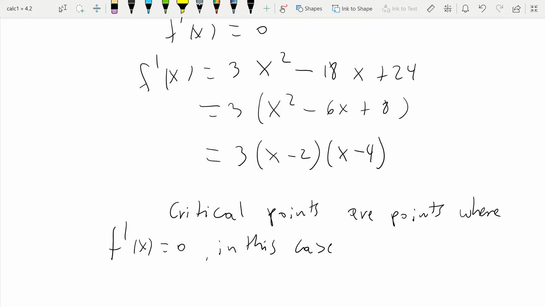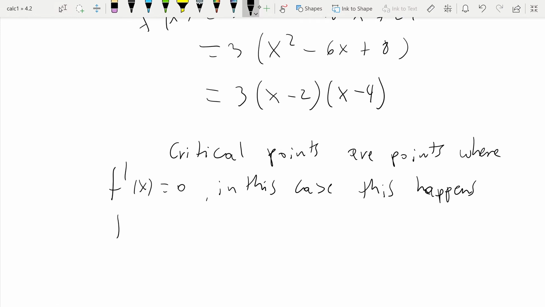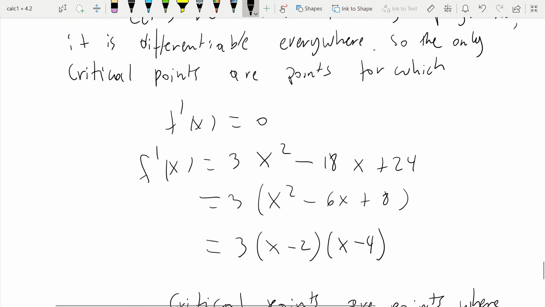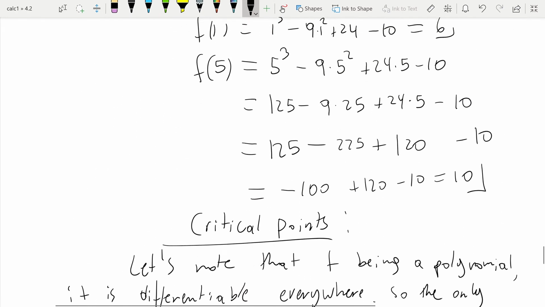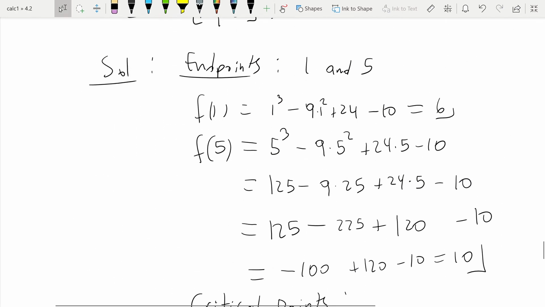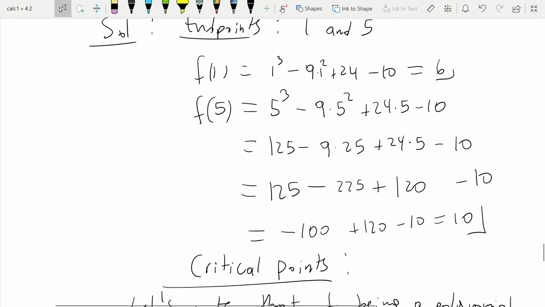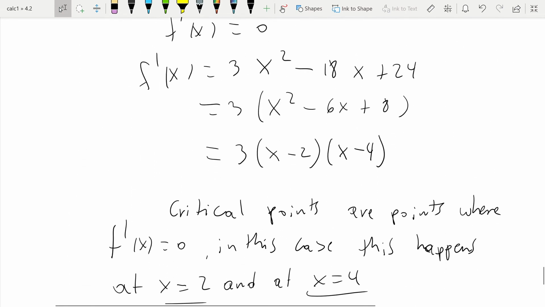This happens for two values of x: when x is equal to 2 and x is equal to 4. So the candidates for extreme values are the endpoints, which we already recorded, and the two critical points.